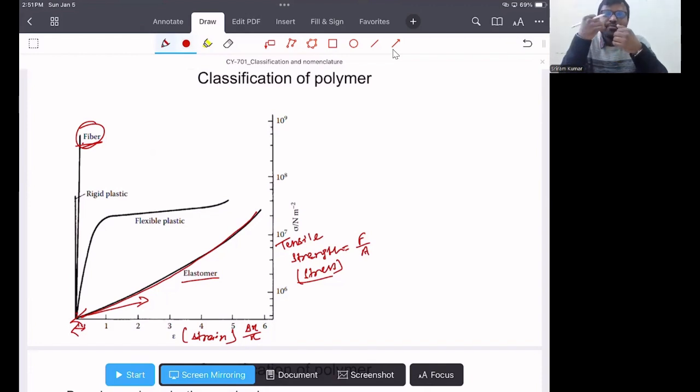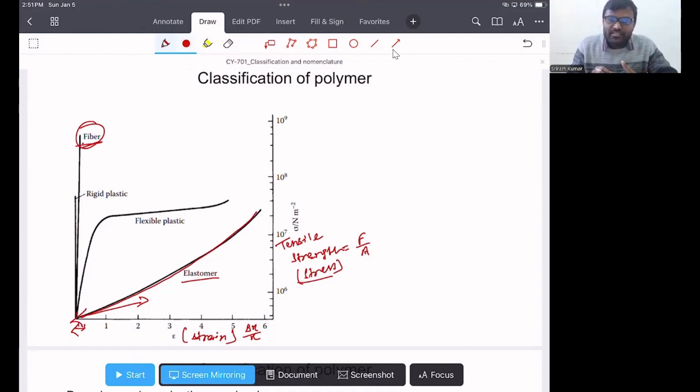That means if you apply very high pressure on that polymer, there is very negligible change in the size of the polymer, or the elongation.